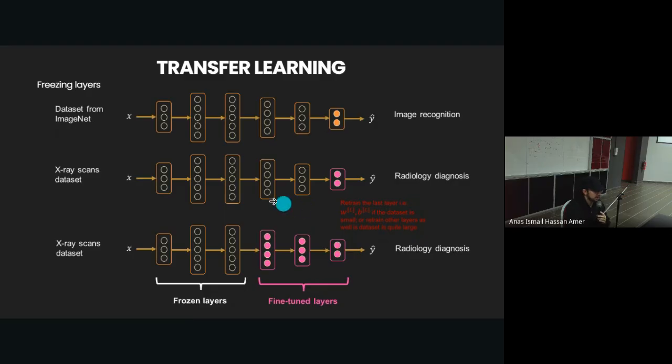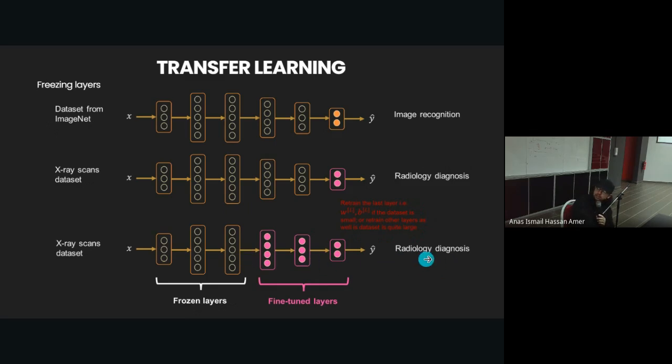So let's say our initial task in this example is X-ray scans. And then we want to do a radiology diagnosis. Since these are similar already, you might only need to fine-tune the last layer, which is the classification layer. But let's say you have a different task at the end here.